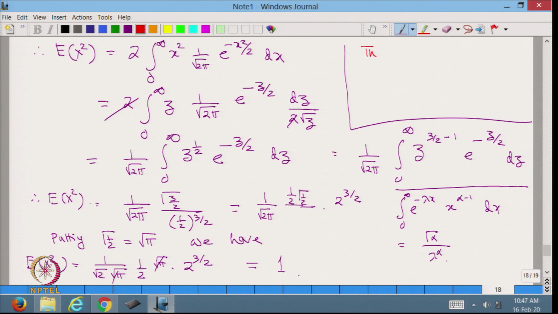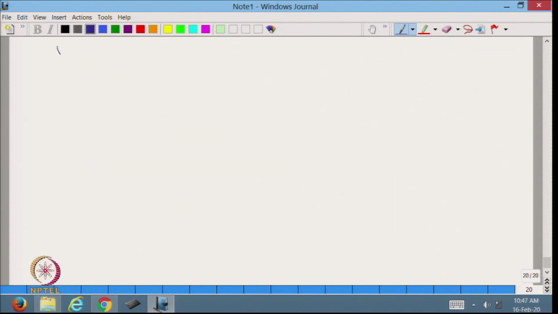Therefore, we get, if x is normal 0, 1, then expectation of x square is equal to 1. We may get the same result in another way.